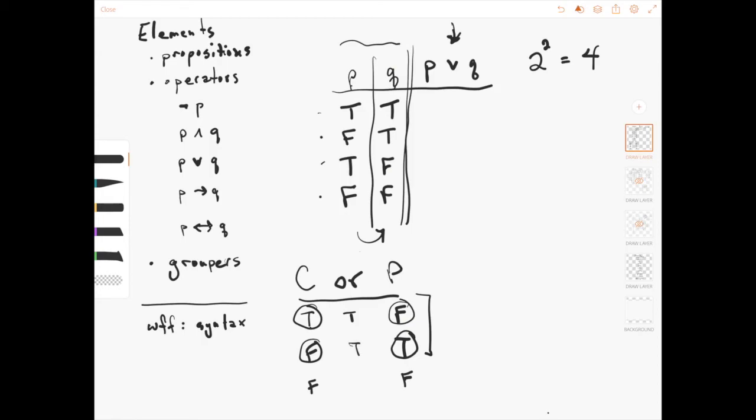But then if you have neither, then it's not true that you can have cake or pie. But the question really comes down to what happens if you try to have both. With the inflection, the answer is false. In other words, I'm not allowing you to have both.